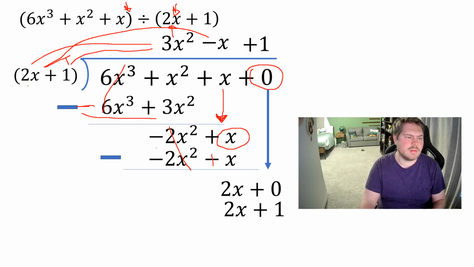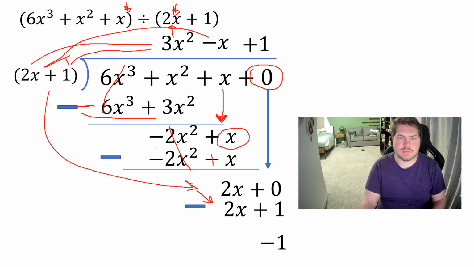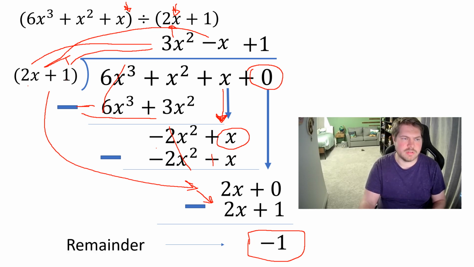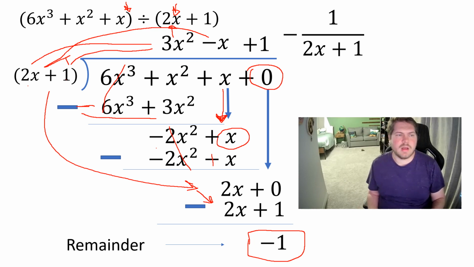So that's how we get this. And then we're going to subtract, and we get a remainder of -1. Now, just like earlier in the week, whenever you have a remainder, you're going to leave it in a fraction with what you were originally dividing by.